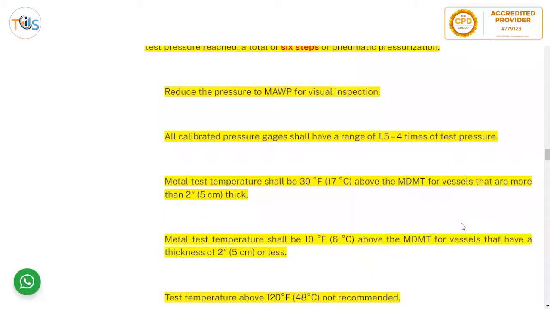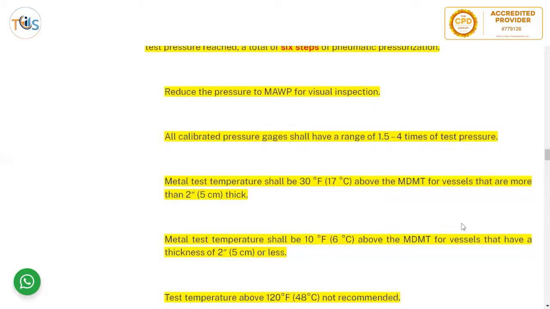All calibrated pressure gauges shall have a range of 1.5 to 4 times the test pressure. There might be a question like this, or a calculation type of question. For example, the test pressure is 100, and they bring 4 gauges with different ranges. Which one is not acceptable?